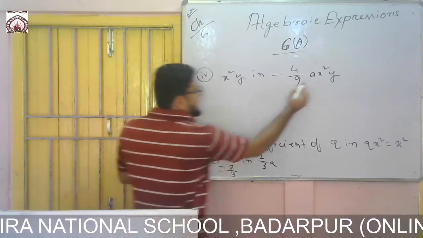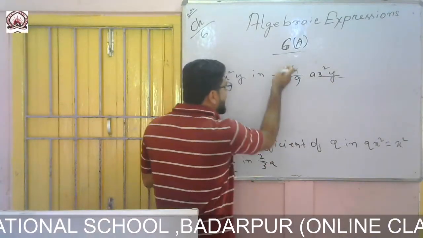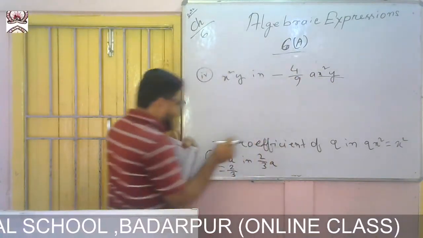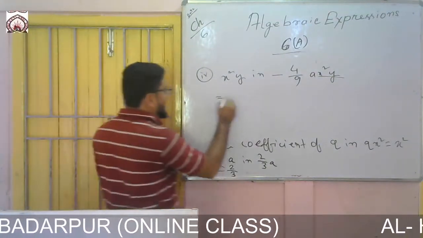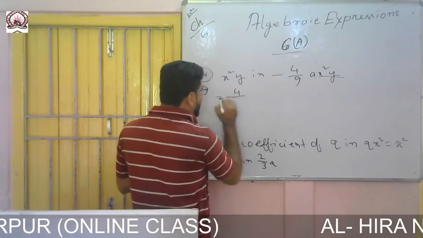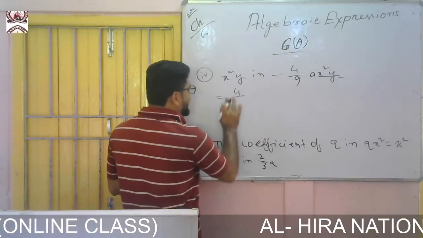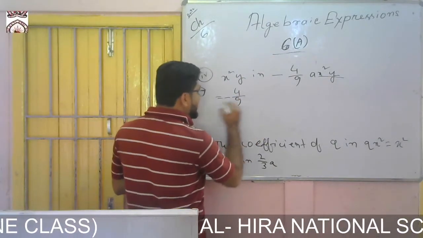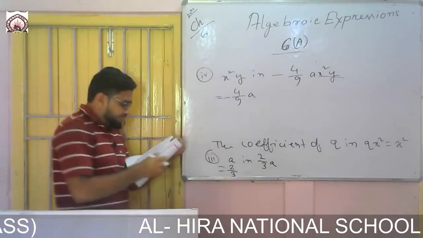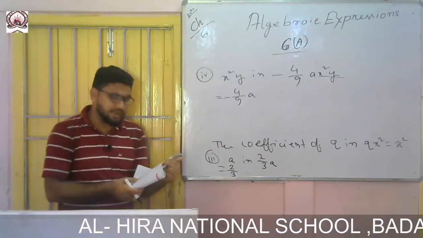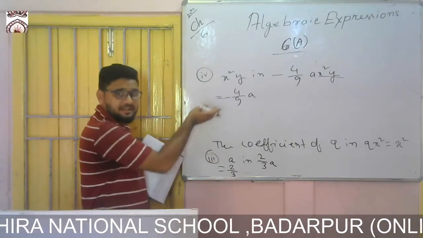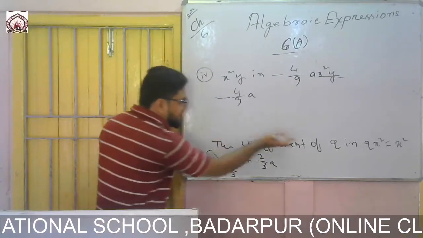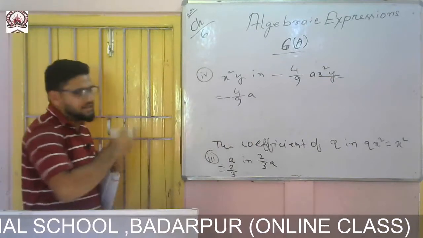Leaving this x square y, what is there? 4 by 9a. So that is the answer. Sorry, minus is there. Minus 4 by 9a. So you write the full sentence. Don't write like this, equal to then the answer. Write this sentence, then write this answer. Okay.